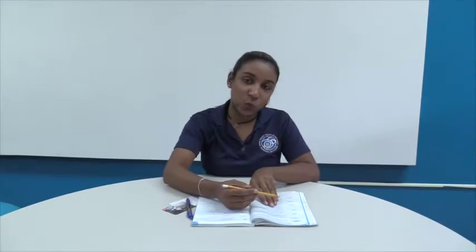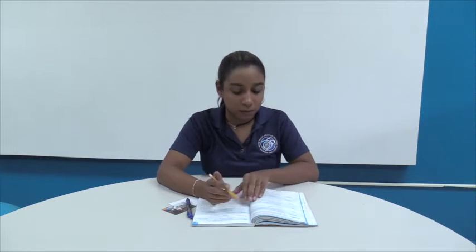Ready? Next word, dupe. This word is a noun, and it means a person easily tricked or deceived. It also can be used as a verb, to deceive. Let's see how it's used as a noun. He played the dupe in one of Shakespeare's comedies. So he was the person who was tricked or deceived.